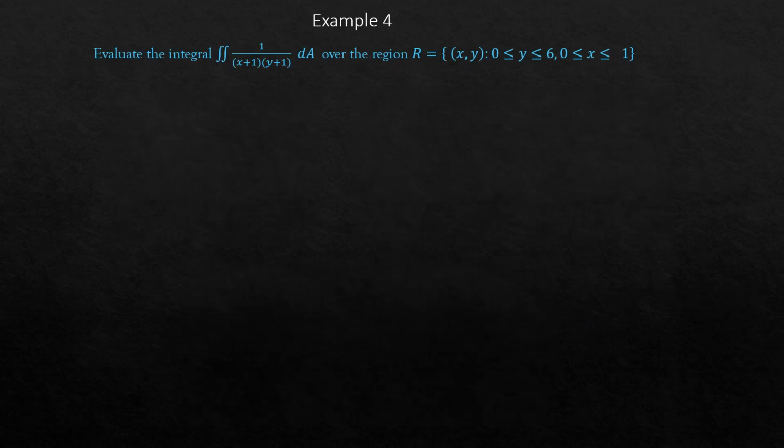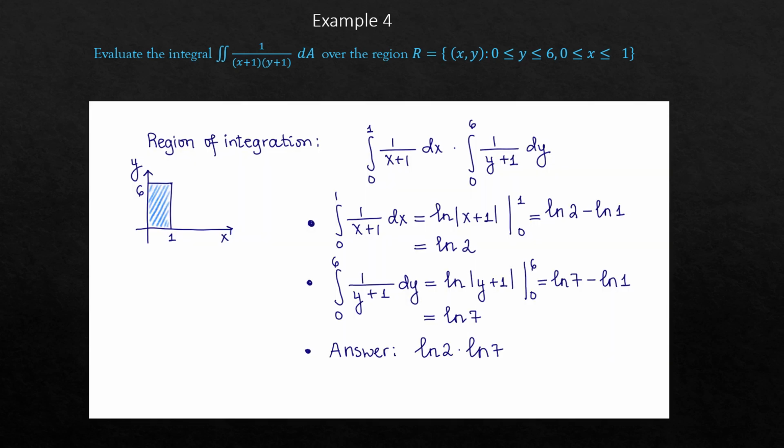Let's take a look at our last example for today's lecture. Here we have a double integral of the following function, 1 over x plus 1 times y plus 1. And we're integrating over the rectangular region R, where y is between 0 and 6 and x is between 0 and 1. So first I am making a picture of my region of integration.